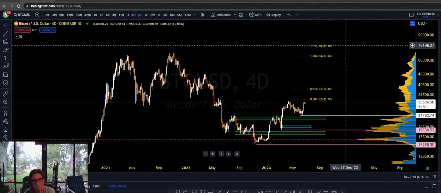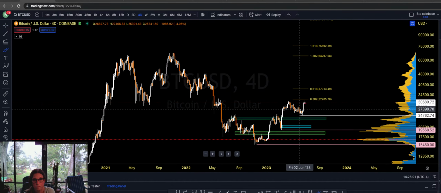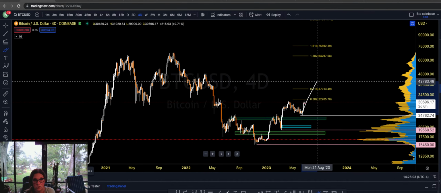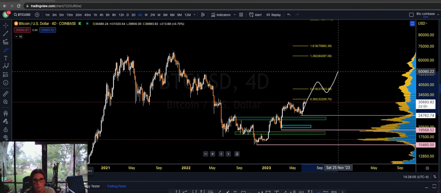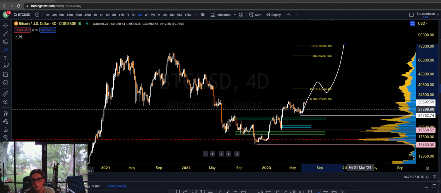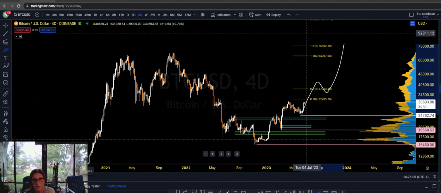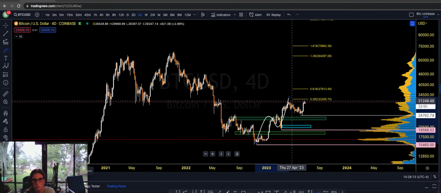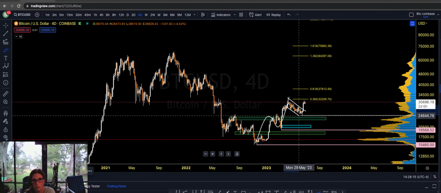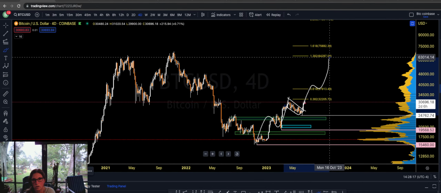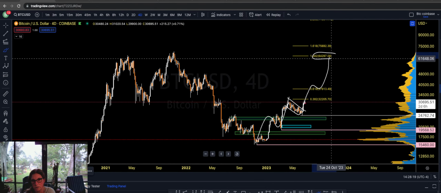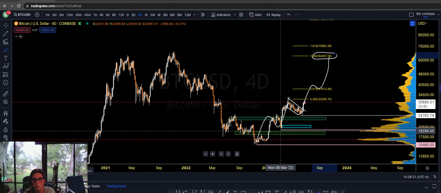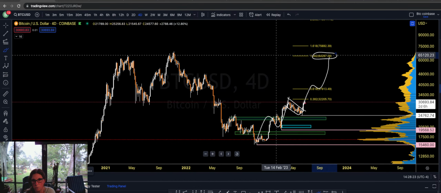We're talking 75,000. You could easily get to make ABC just like this. I take that back. I apologize. If this is a zigzag, this is a connector, and then we put a zigzag, we're talking 64,297. Okay? A WXY shouldn't take out the 1.382.